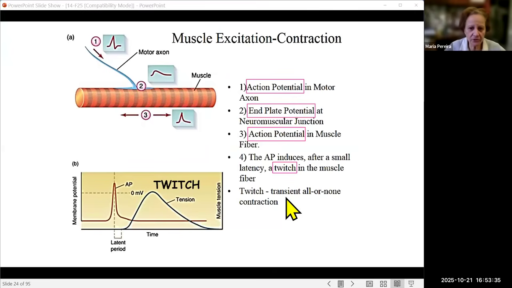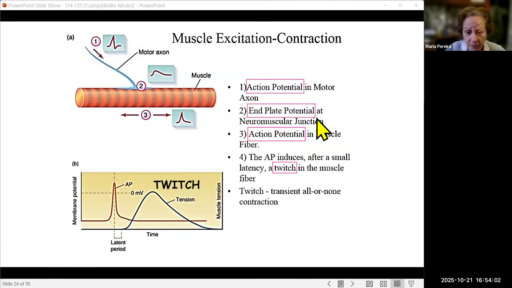Okay, so you have different types of action potentials being activated. So now you know from excitation, the coupling, as we started the class, the coupling of excitation to contraction. So you have the first action potential, number one, that's being developed at the motor neuron.